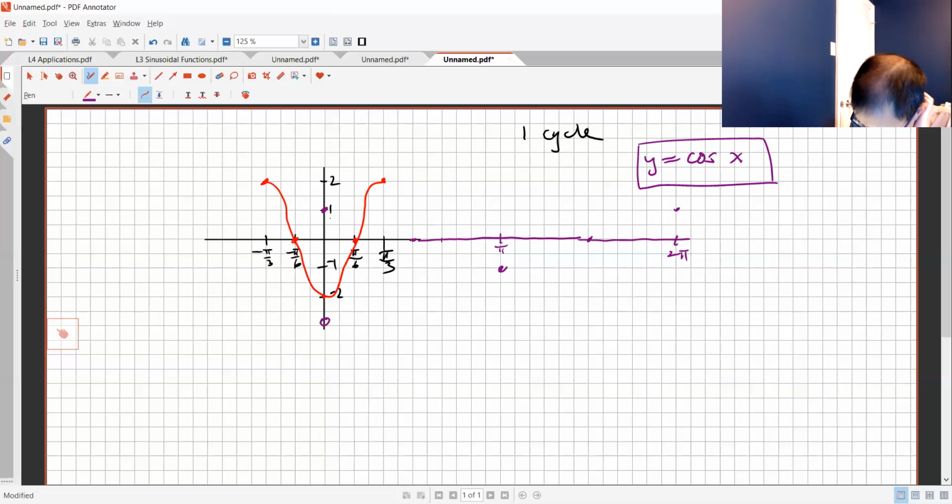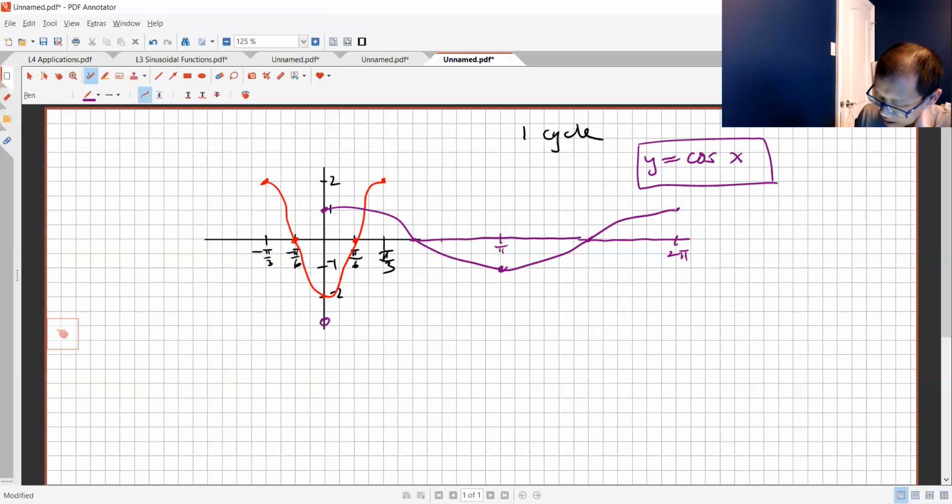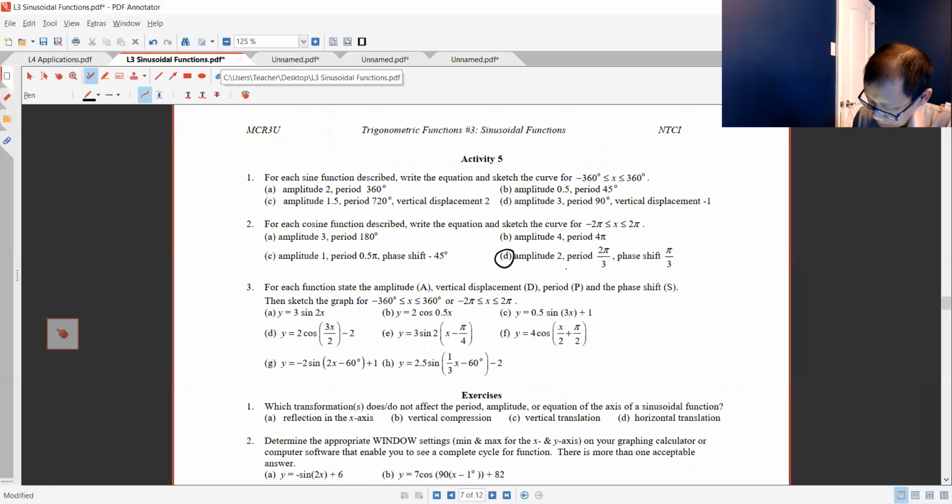And this purple graph that I'm sketching is the original function. It has been compressed horizontally, squished, and stretched vertically. So this was the original. And then you see this question, amplitude, period of 2 pi over 3.